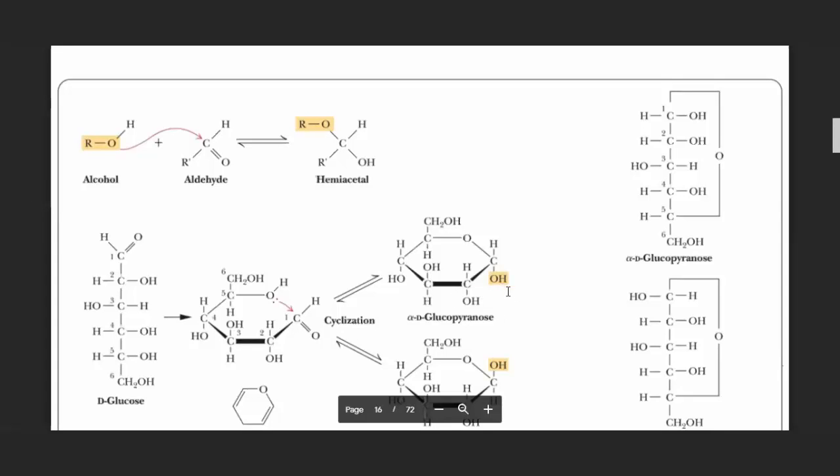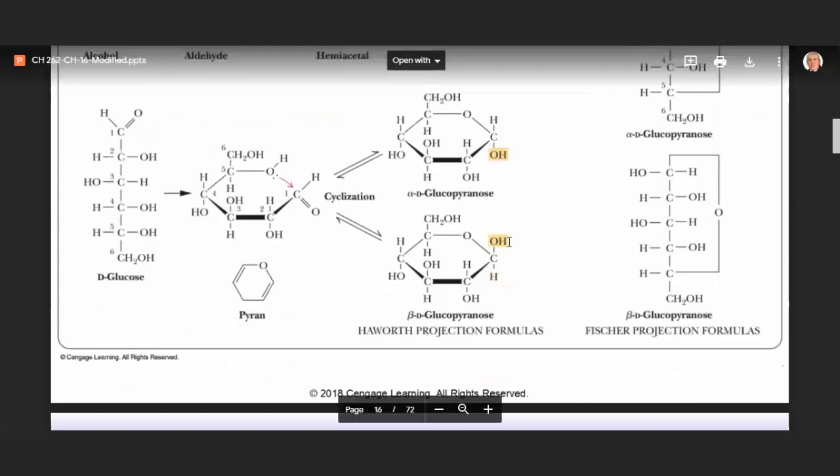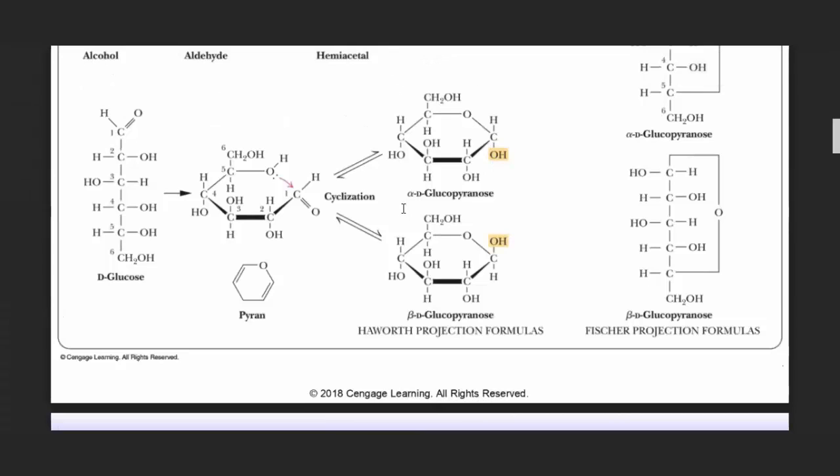When cyclization occurs, OH is down, as you can see, this will give me alpha D-glucose, and it could also be up, and this will give me beta D-glucose.